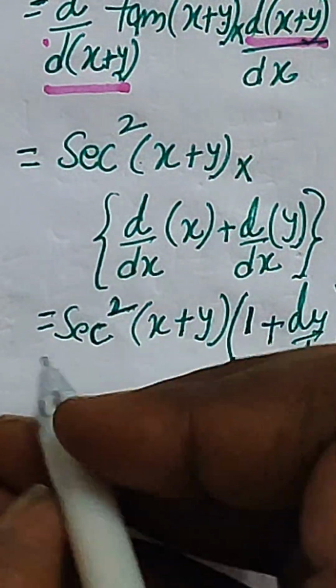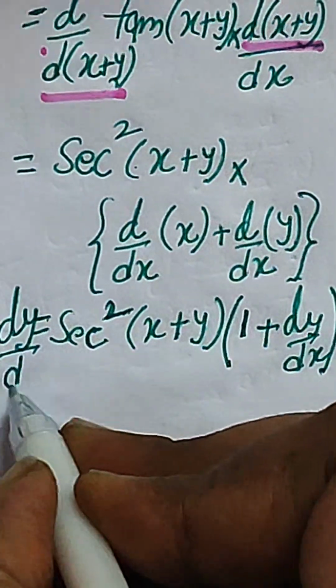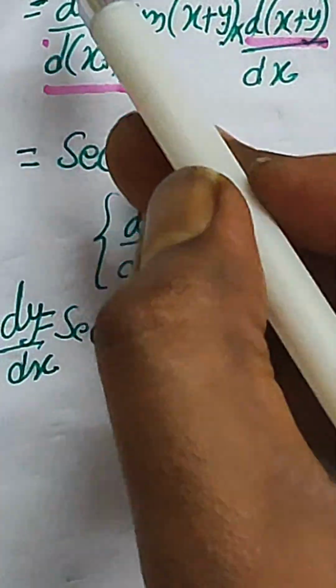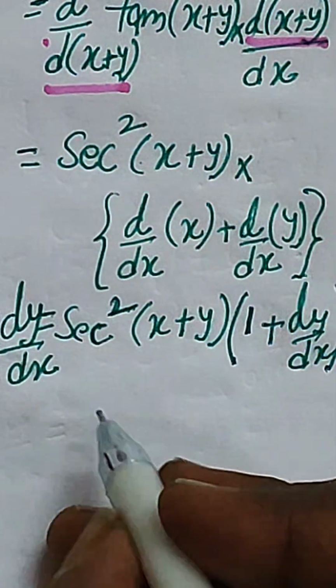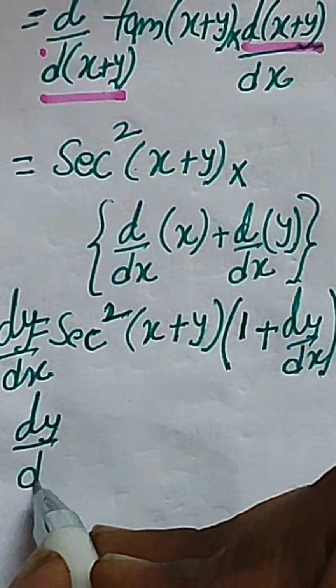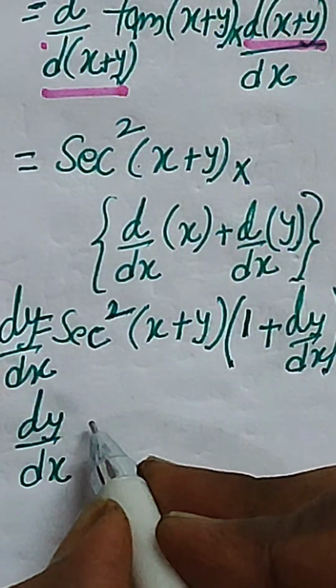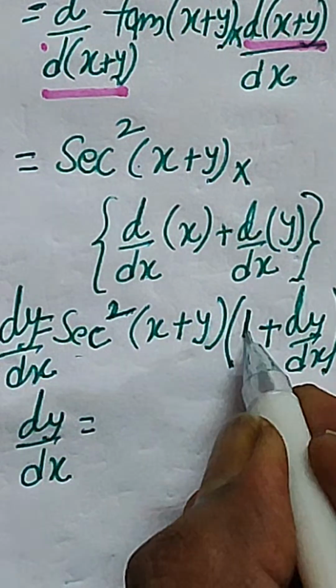Now on the LHS we already have dy by dx, which is coming from the LHS. The dy by dx of the LHS will be as it is, and on the RHS just multiply sec square of x plus y with this one.